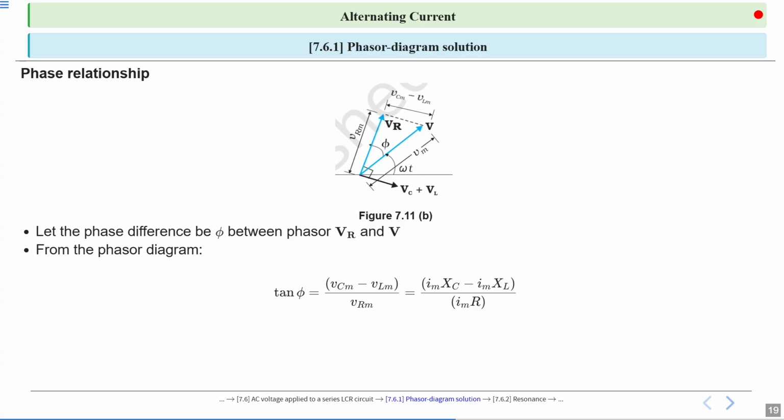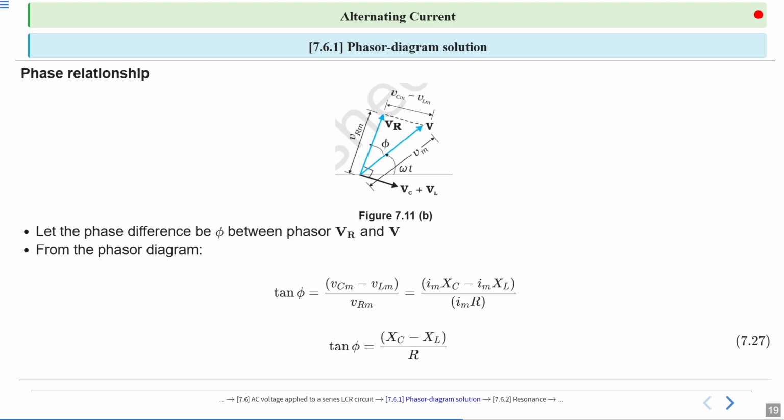We can write VCm as Im Xc, VLm as Im XL, VRm as Im R, and V as Im Z. So Im gets cancelled out, and tan phi is Xc minus XL upon R. That is why the impedance diagram is represented only by resistance, reactances and impedance, not by voltages, because Im cancels out when we take tan phi, cos phi or sin phi.